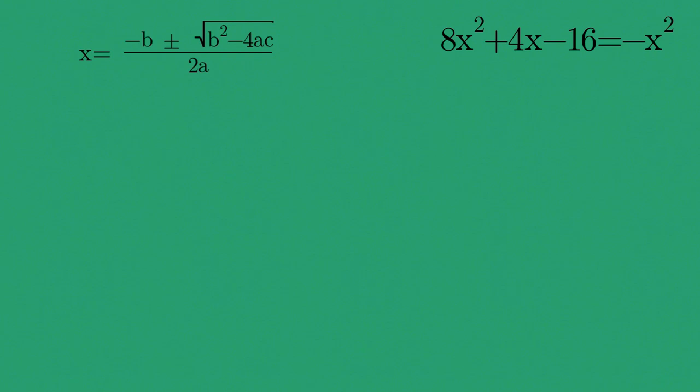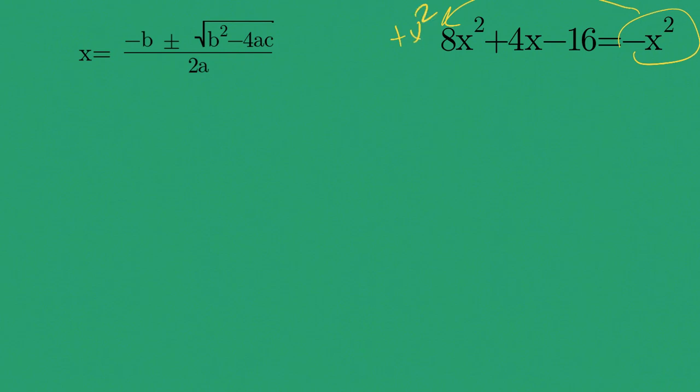First question. Is the equation set equal to 0? No. It is not. Who's moving? Negative x squared, right? So when this negative x squared comes over, it's going to become what? Positive x squared.